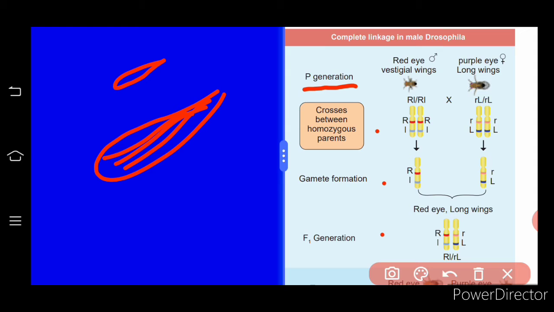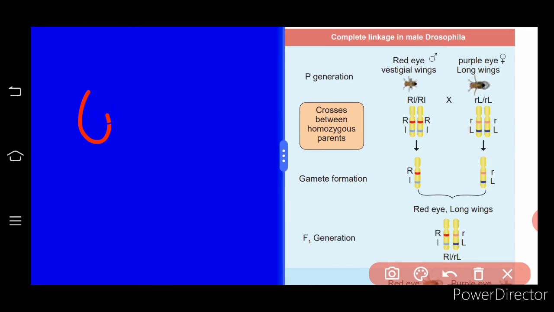It has the red eye with vestigial wing. Vestigial wing is the short wing; the wings are very short compared to the normal size in Drosophila. Then the purple eye with a long wing, that is female. As you know, this symbol indicates male and this symbol indicates female.